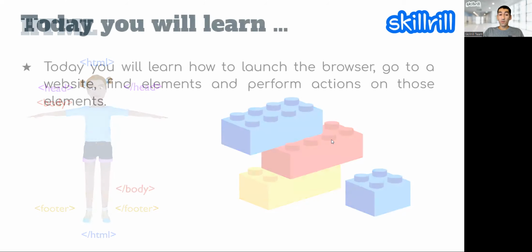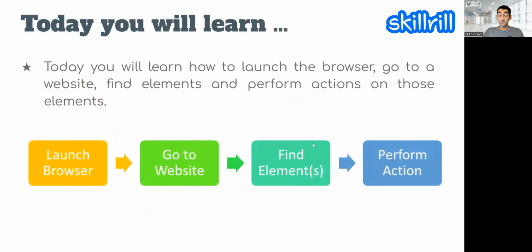All right, so what are we going to learn today, or practice today, right? We're going to learn how to launch the browser, go to a website automatically, and then find certain elements there. Find elements. Why do we find elements? To be able to interact with those elements, right?